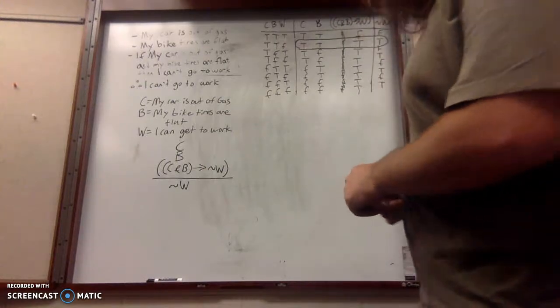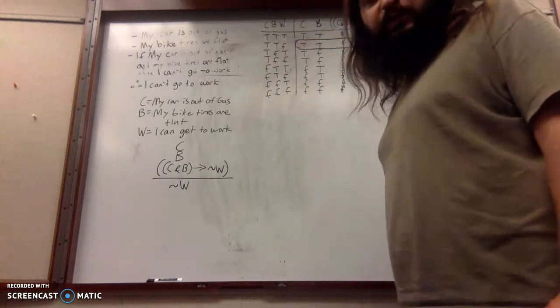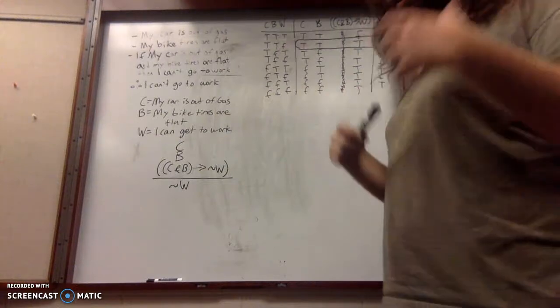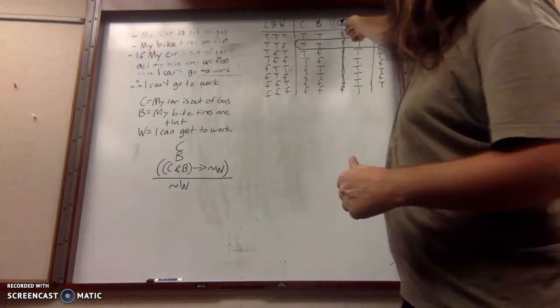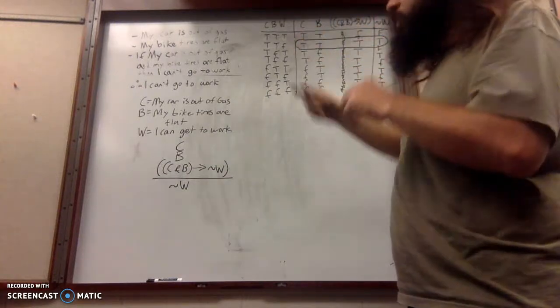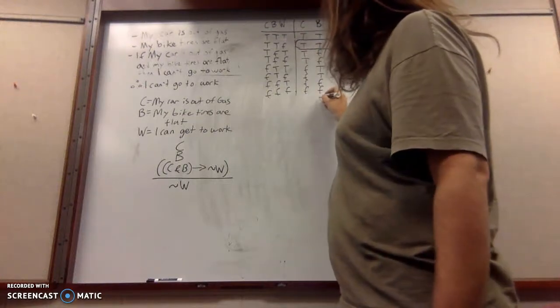If the argument is valid, that means the conclusion should follow from the premises, and that means I can do a logical deduction. I can prove the argument. So how do I prove the argument? Well, let's start. I want to list the premises.